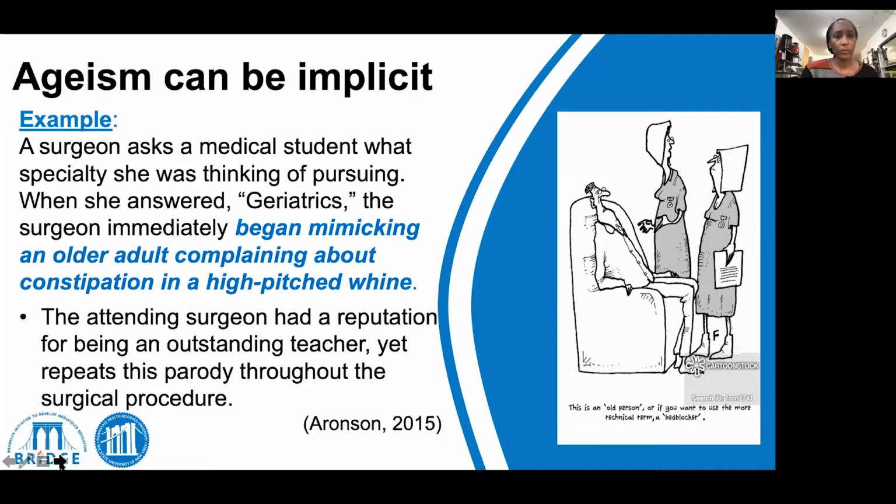Right. But what would you do if he's this attending surgeon and you're doing rotations? Would you feel like you couldn't say anything? I understand that's probably a difficult question to ask, but sometimes it is difficult to call people on their stuff.